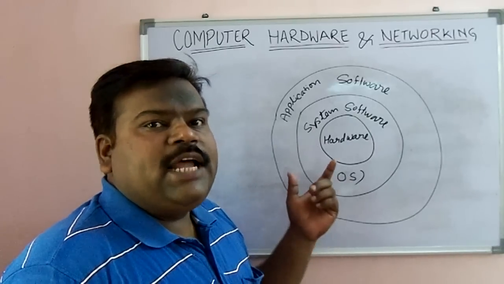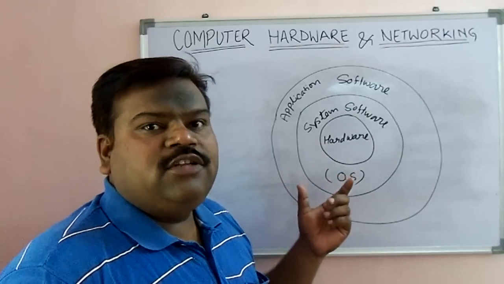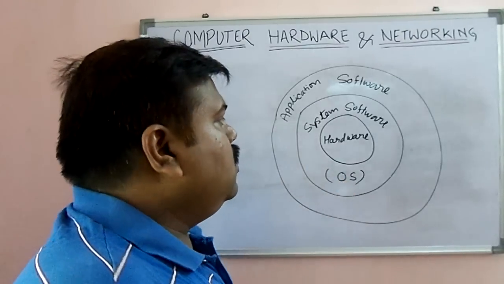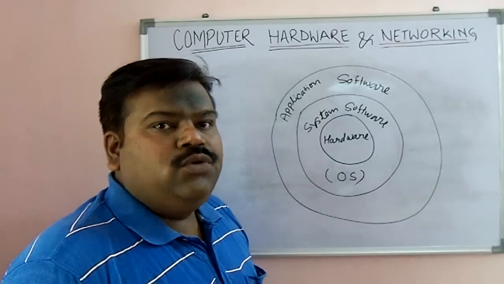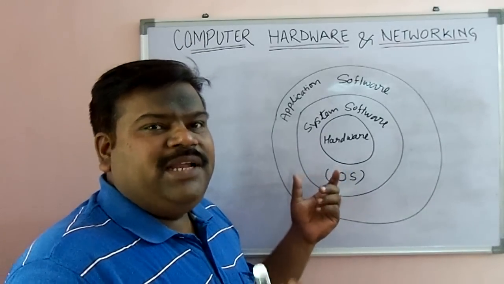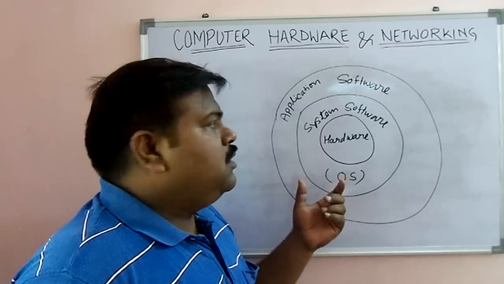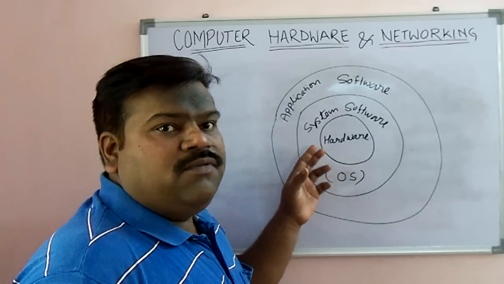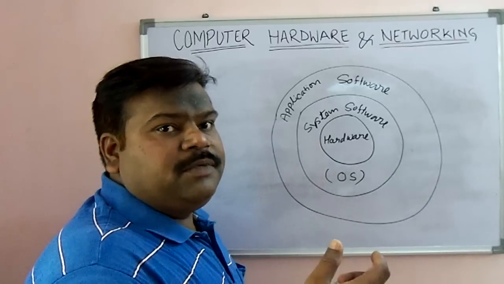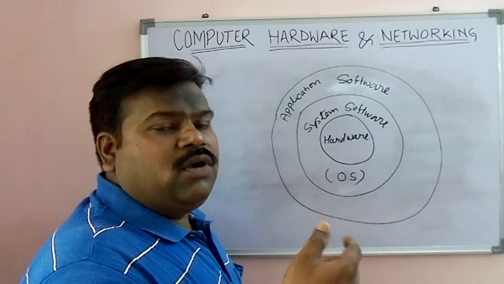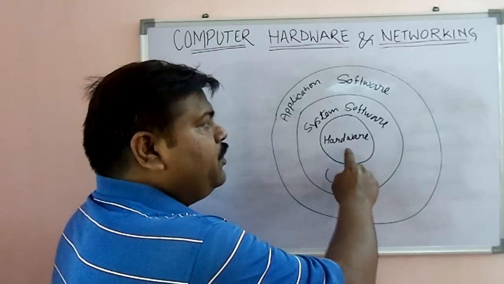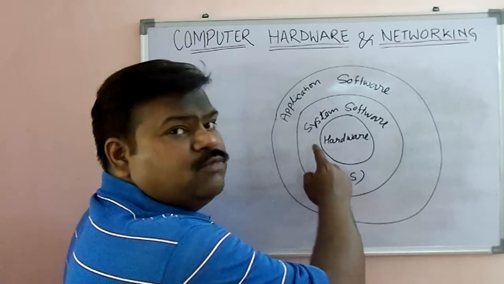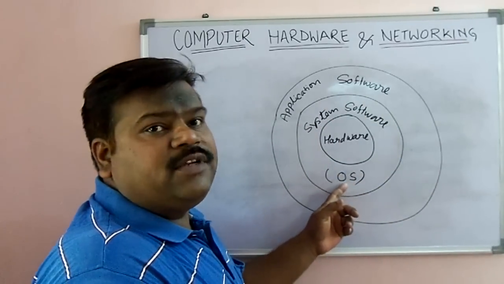Now let us see this diagram. We will try to understand the difference between system software and application software. First, we buy hardware, be it a desktop or laptop, and after buying that hardware, we first of all install an operating system like Windows 8 or Linux, etc. So the first layer is hardware and the second layer is system software, that is the operating system.